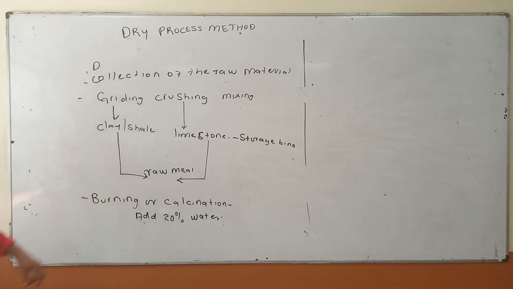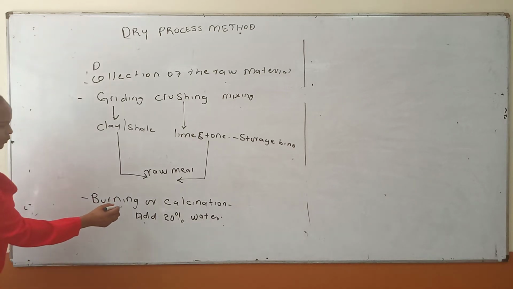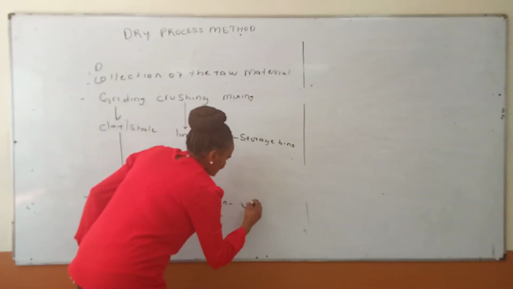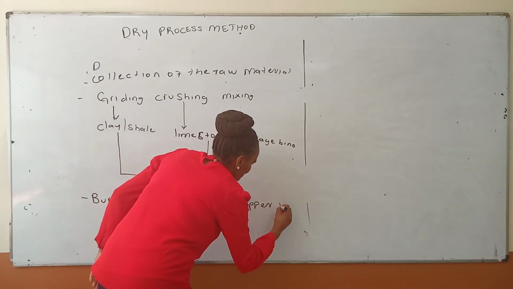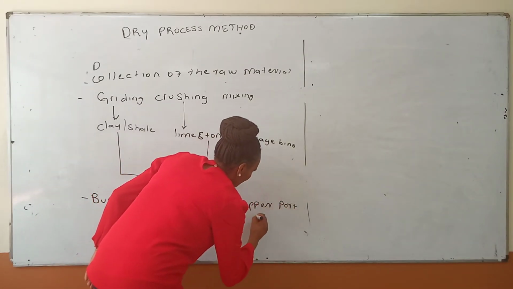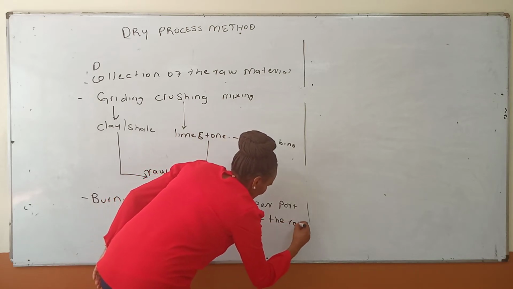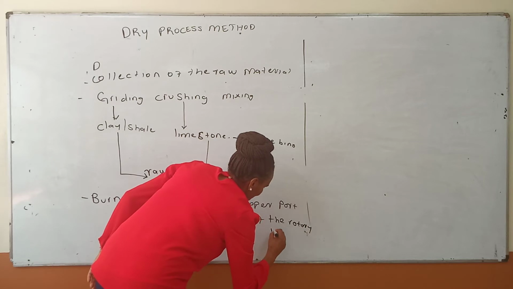Then after you have done that, we go to the fourth step. When you are burning, you start at the upper part of the rotary kiln.